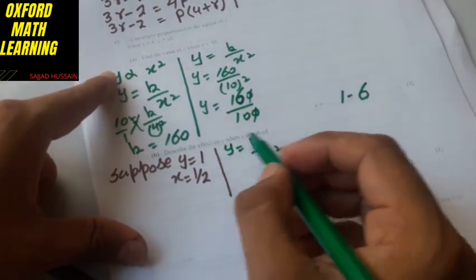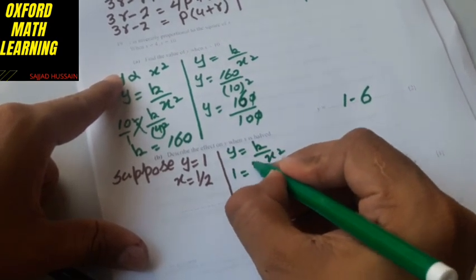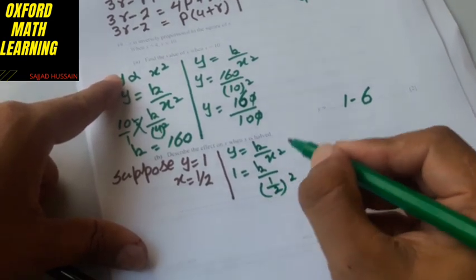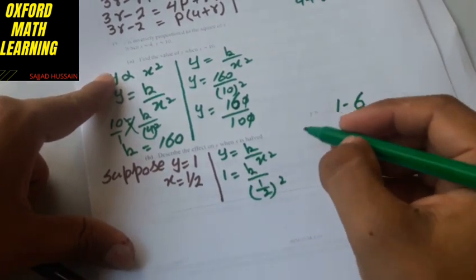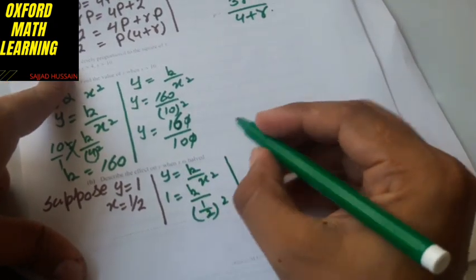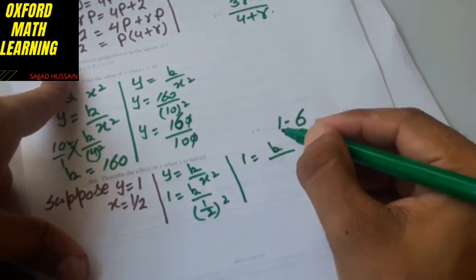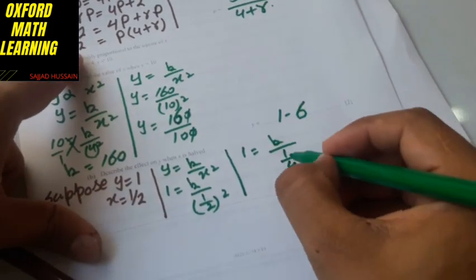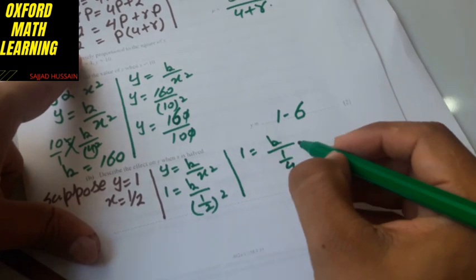We don't have k now for this part. If y is 1, x is 1 over 2 whole square. So 1 over 2 whole square means 1 over 4. So this will become 1 is equal to k over 1 over 4. Then the denominator will multiply on the numerator.